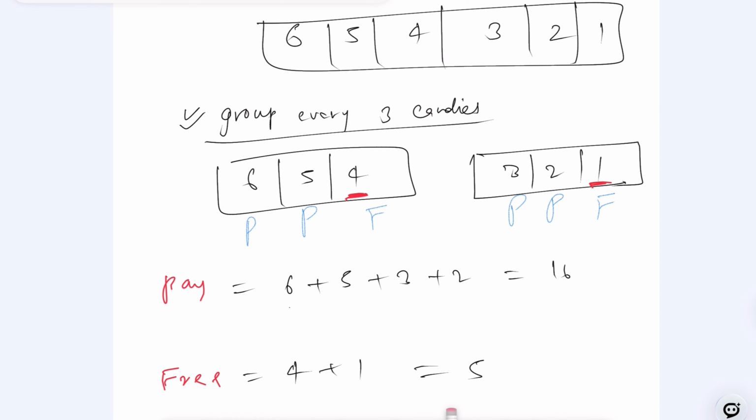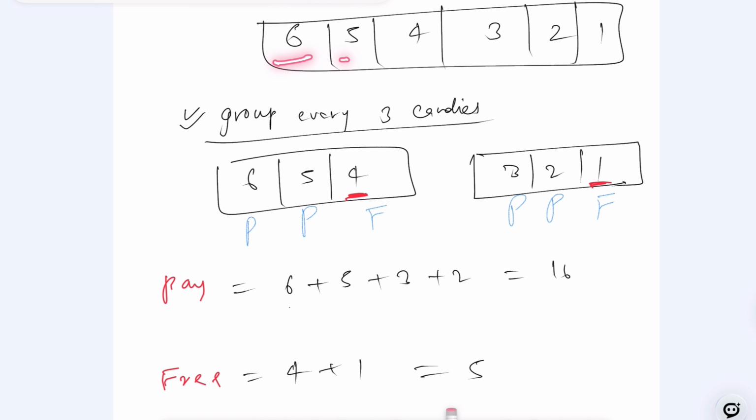Means you should pay for the first two, and you will get the third for free, and this third has a higher price than the rest.